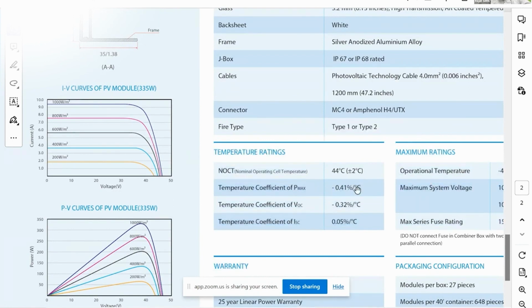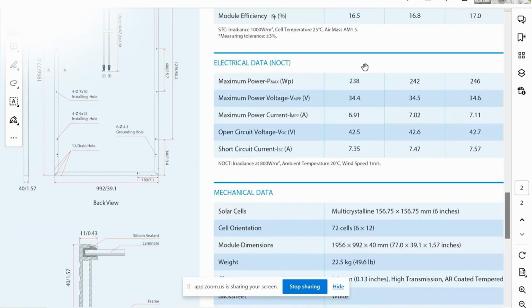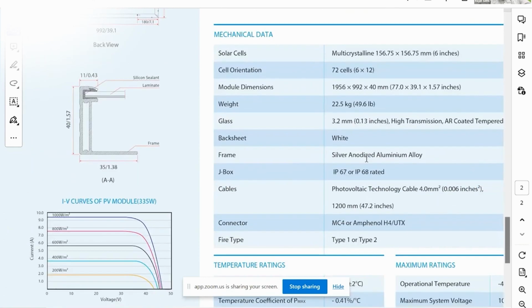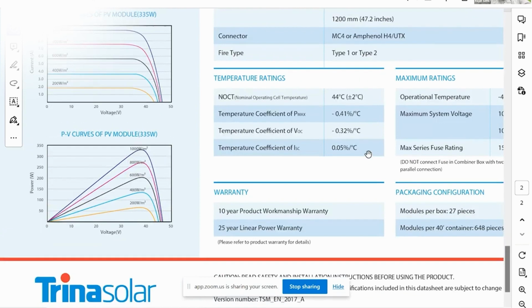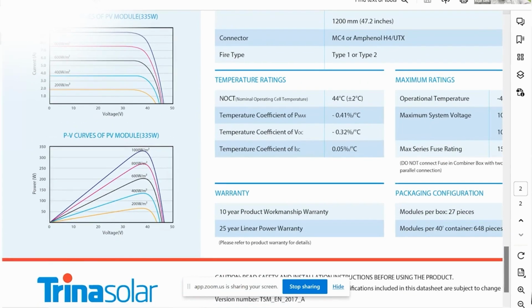If I have 300 watt modules, then about 18 watt will be lost due to excess temperature. So this is how we compute this thermal loss for PV.